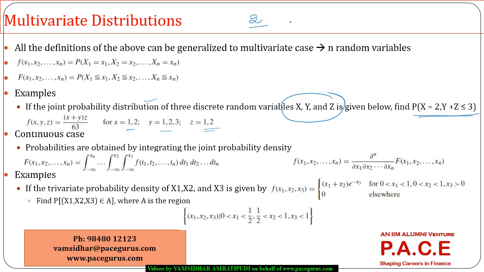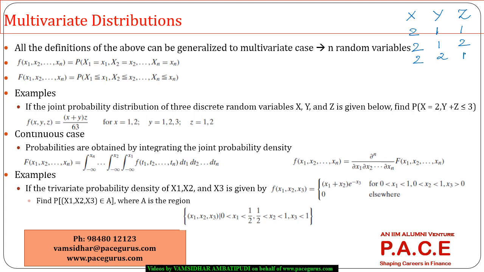So what are the various possibilities that I can have? If I talk about x, y, z, x is 2, y plus z is less than or equal to 3. So y could be 1, z could be 1, then y could be 1, z could be 2, then y could be 2, z could be 1.